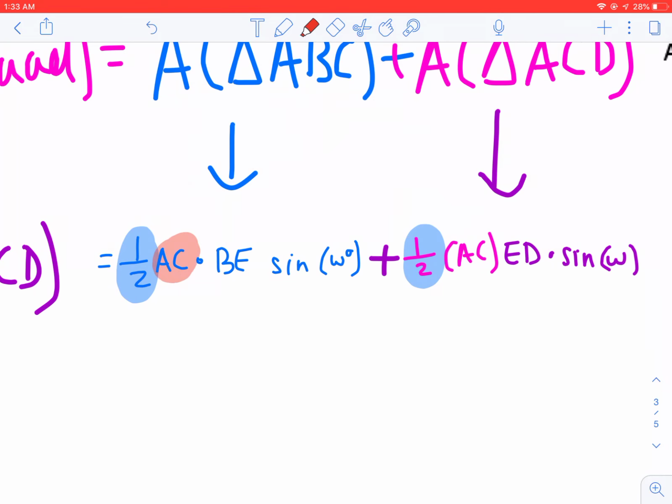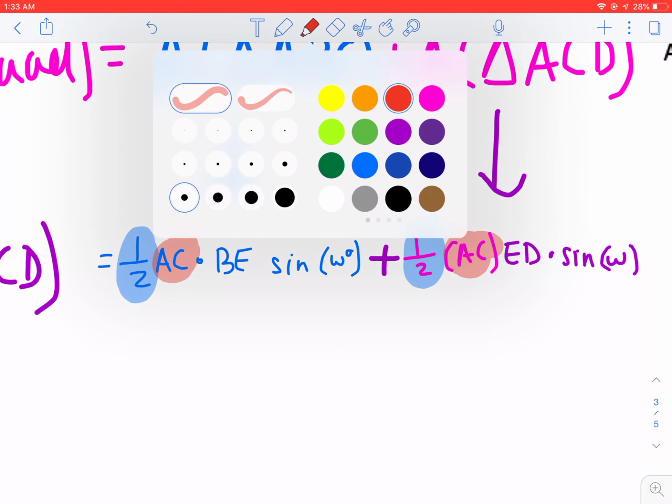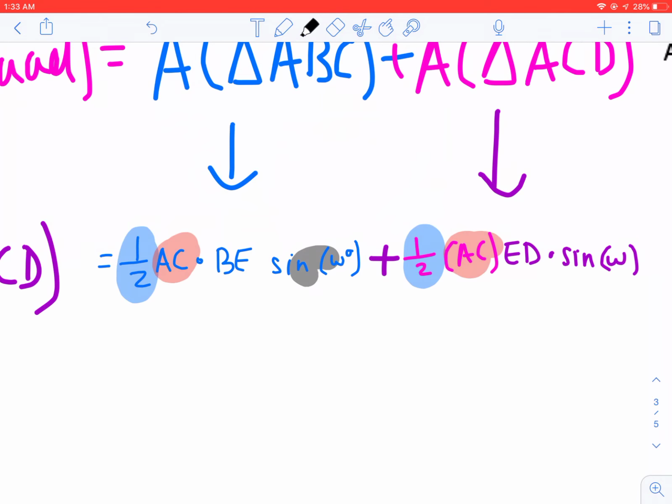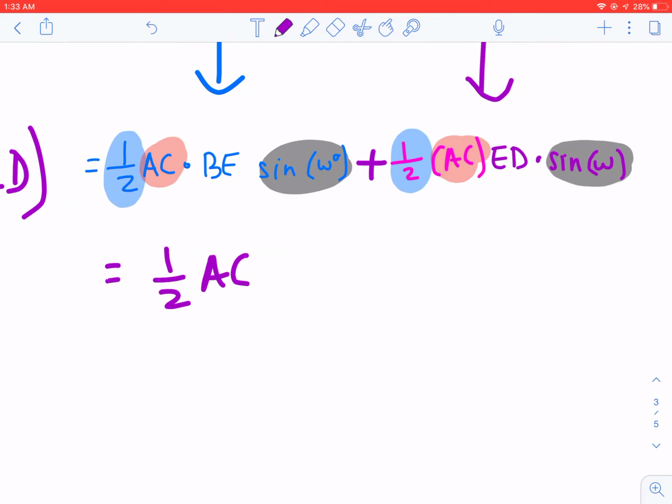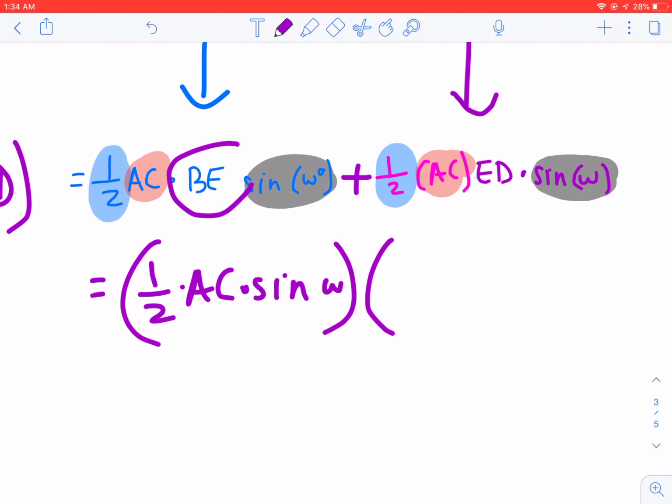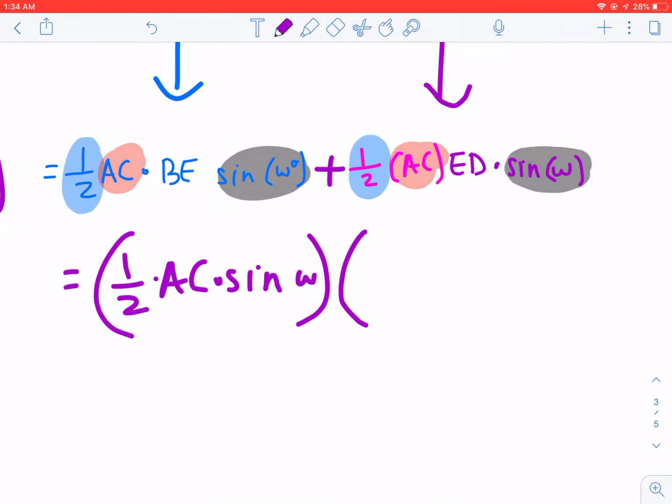We got an AC in common. We got a sine of W in common. So let's pull out all of those common factors. 1/2 times AC times sine of W times what is left over. We have just BE and ED left over. So times BE plus ED.